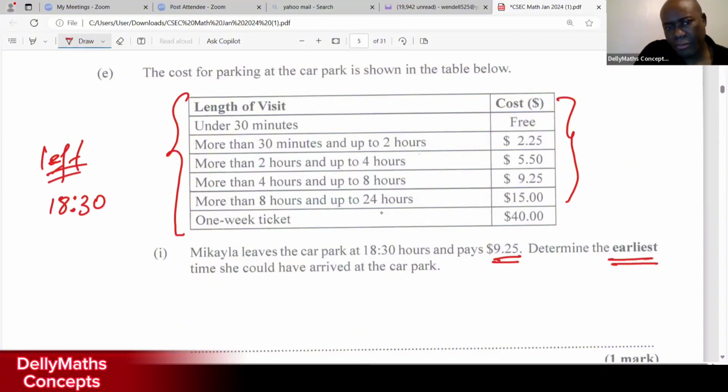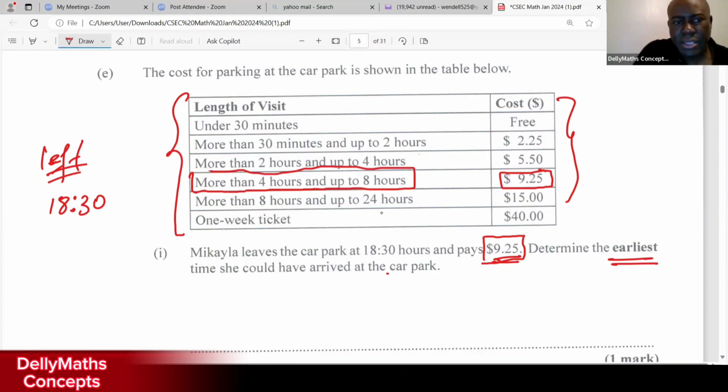So this is the key word here, earliest time she could have arrived. Now, we want to take a look in the column to see which one of those rows or times would have linked to $9.25. So when we look, we'll see $9.25 here. So she paid this because she was there for between 4 to 8 hours, right?